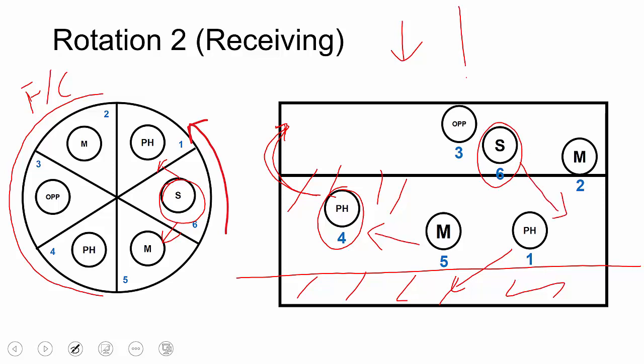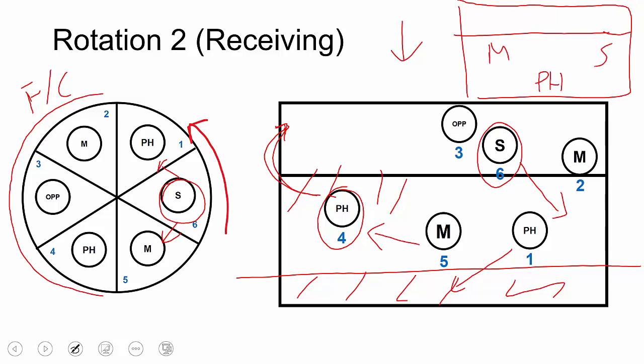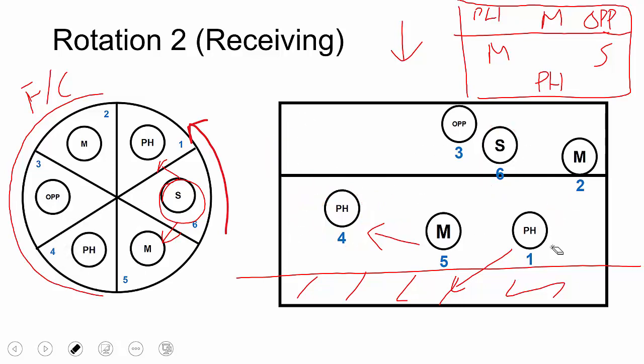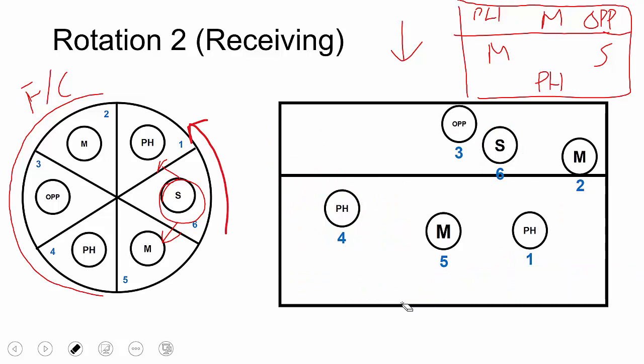Okay, so if you just look at what it looks like again, remember our defensive position: pass hitters deep, middle, setter, pass hitter, middle up. Okay, and that's what we usually look like. So you can see the difference between serve receive and defense. Okay, there is a big difference.